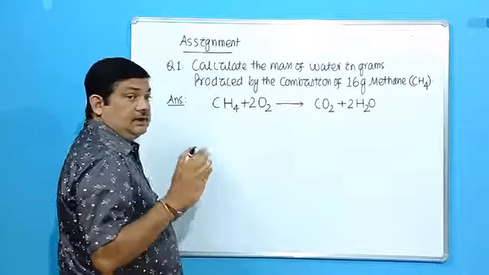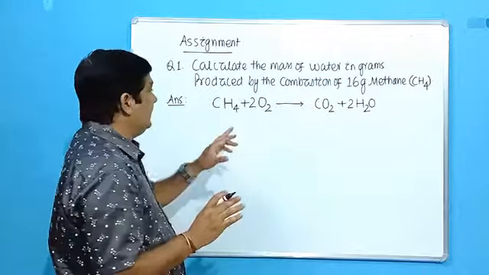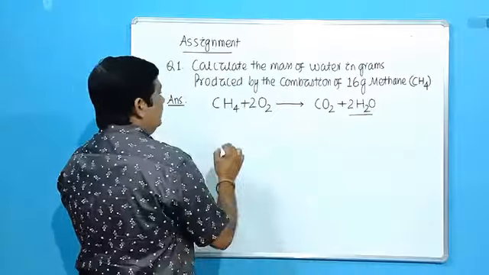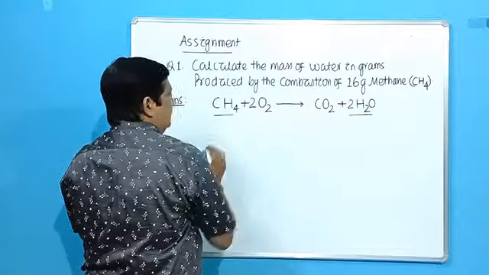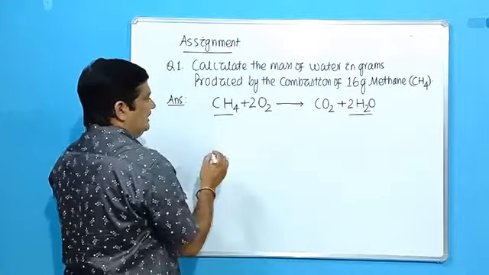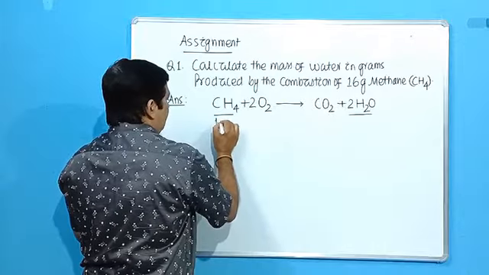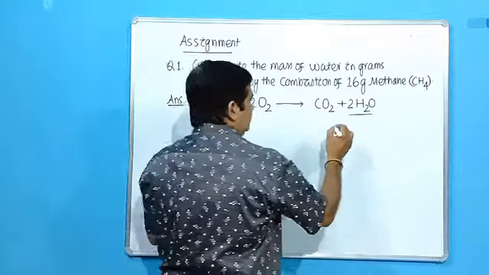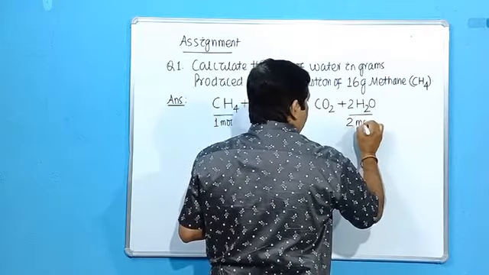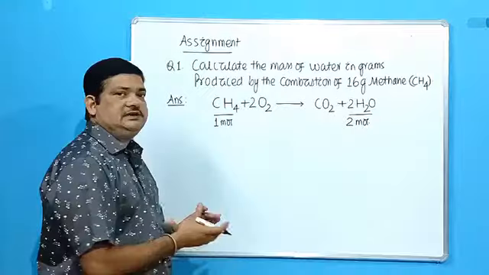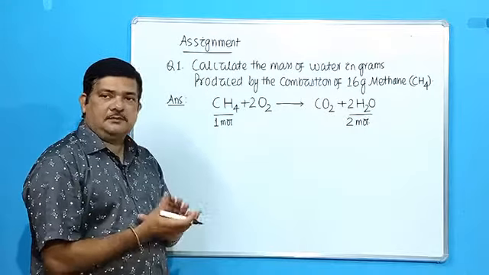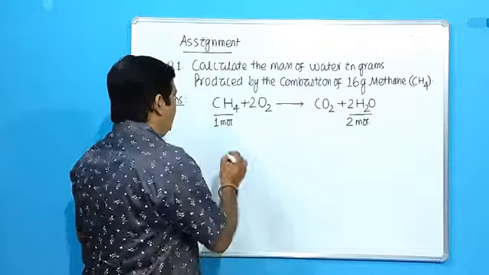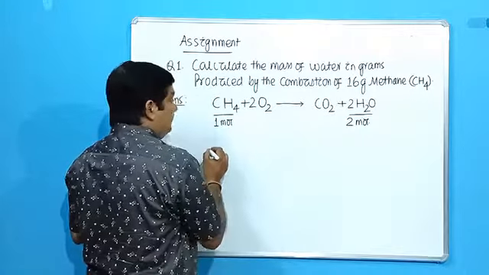We need to underline only those which we require. Now water, so underline water, and methane, underline methane. Then in the ratio, 1 mole of methane will produce 2 mole of water, which is easily available from the balanced chemical equation. 1 mole means molar mass.